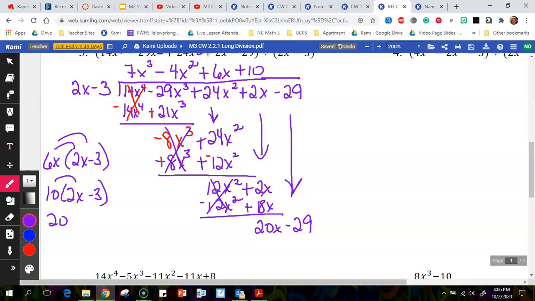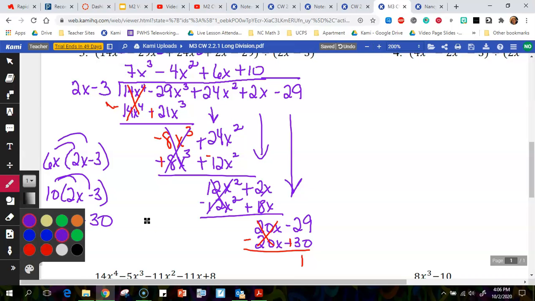That is 20x minus 30. Change to the opposite. That's going to cancel, and that's going to be a 1. So 2x minus 3 is not a factor of this because I have a remainder of 1. So my remainder goes here, and my 2x minus 3 goes there, and that's a plus because the 1 was positive.